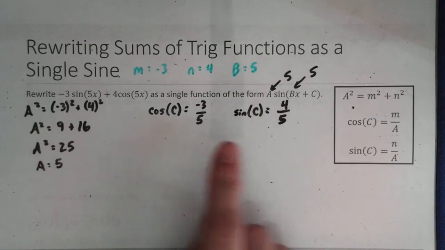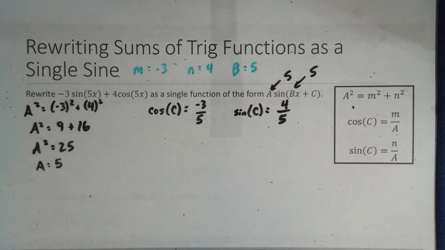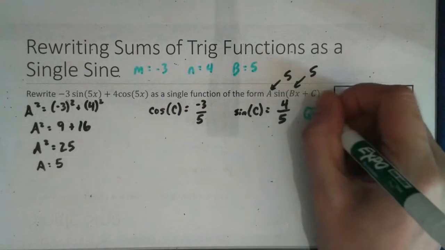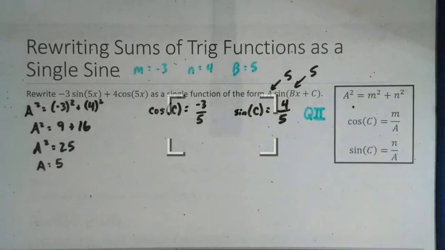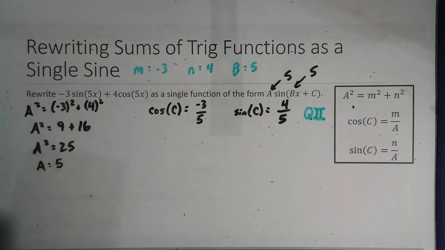Cosine is negative, but sine is positive. What quadrant does that happen in? Cosine is negative, sine is positive. That happens in quadrant 2. So I need my quadrant 2 answer. It doesn't matter which equation I solve, as long as I make sure my answer is in quadrant 2.